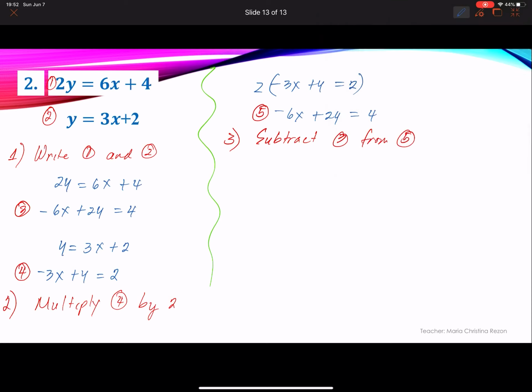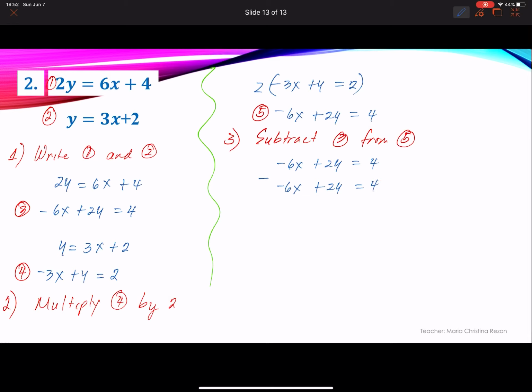So you have negative 6x plus 2y equals 4. Then minus equation 3, which is negative 6x plus 2y equals 4.